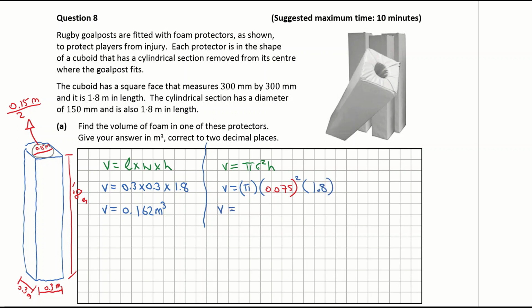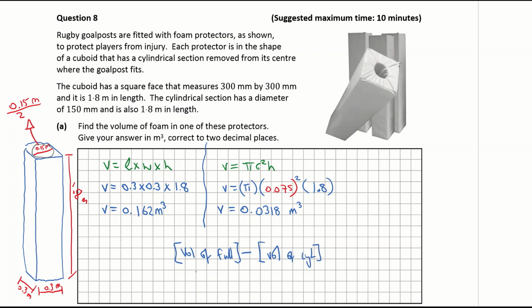So working that out on my calculator is giving me roughly 0.0318 meters cubed. That's the volume of the cylinder cut out of it. But the final part now is to get the total volume of foam. I need to take the volume of the full object minus the volume of the cylinder.